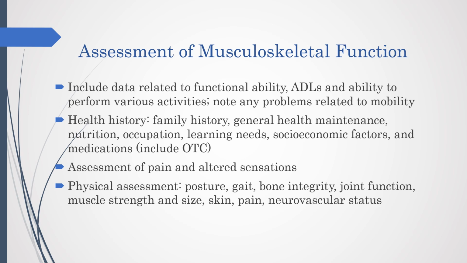It also provides a solid structure to support body shape, and it makes mobility possible. If you would like to refresh your knowledge about the anatomy and physiology of the musculoskeletal system, you can study from chapter 39.